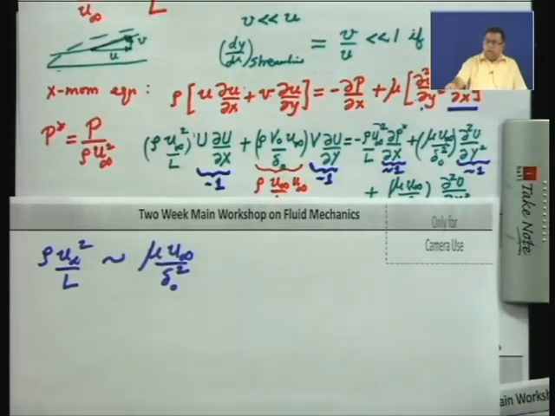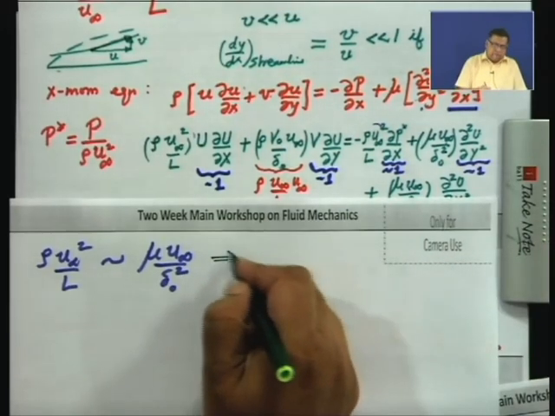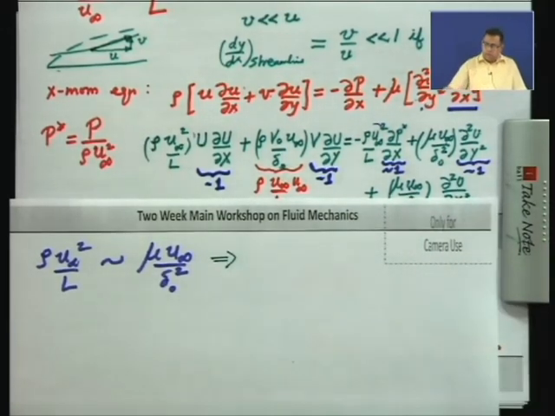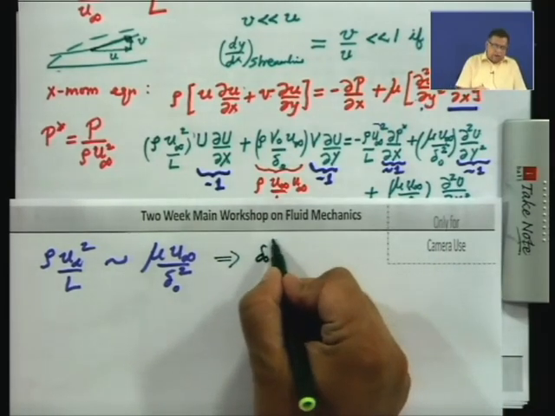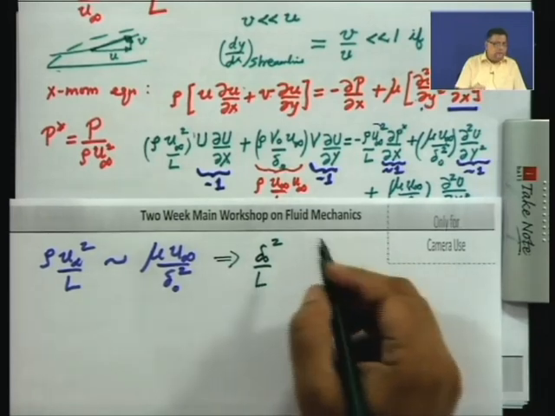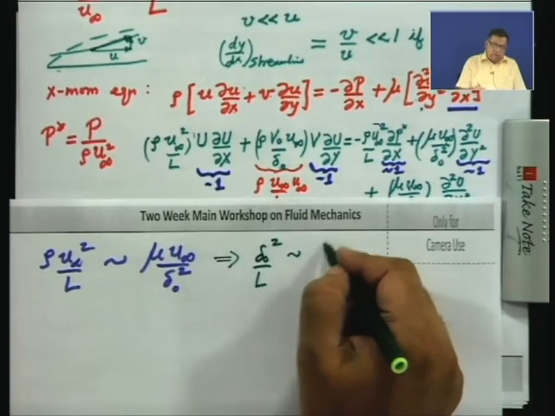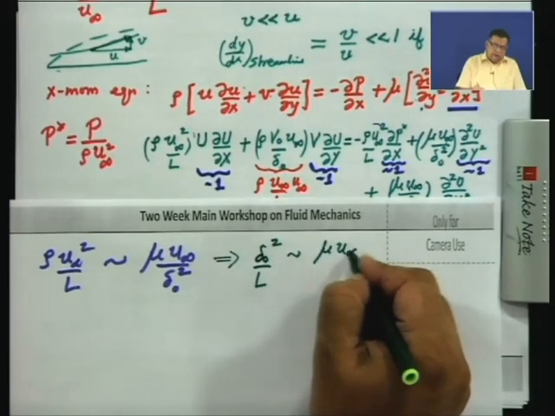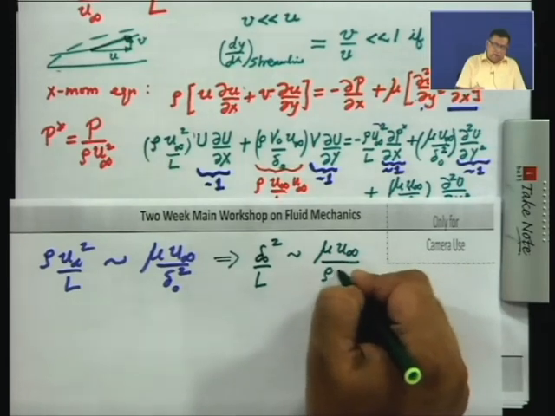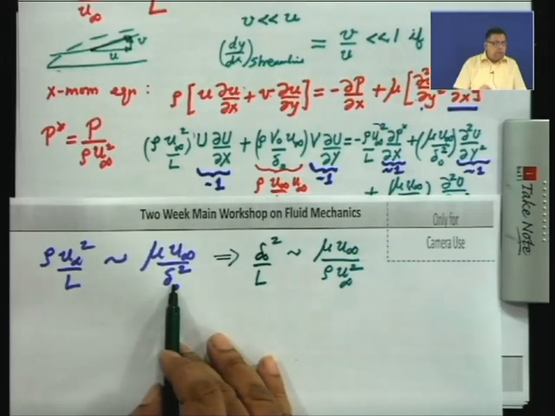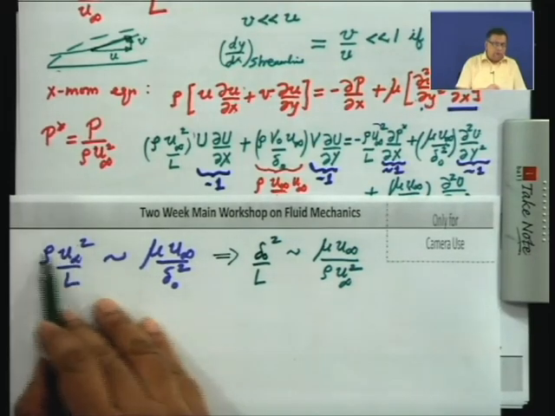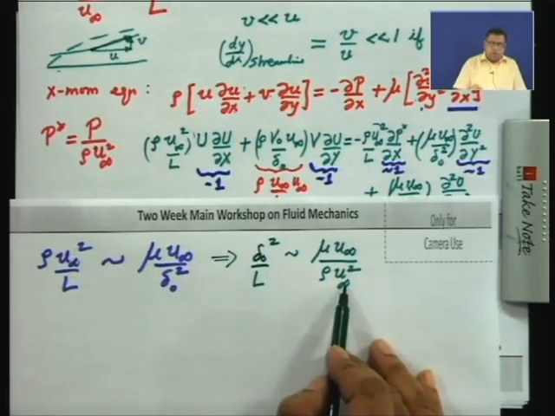So, this tells you that delta naught squared by L is order of mu u infinity by rho u infinity squared. So, what I have done is moved the delta naught square to the numerator and brought this rho u infinity square to the denominator.